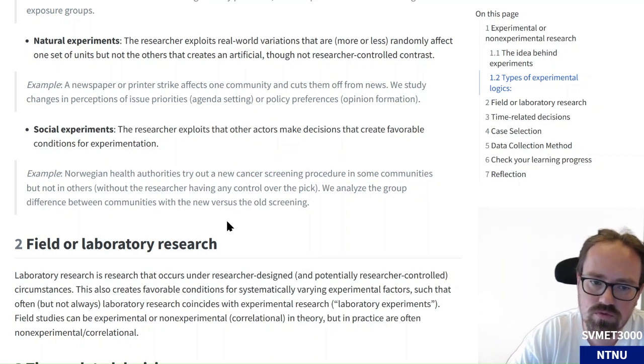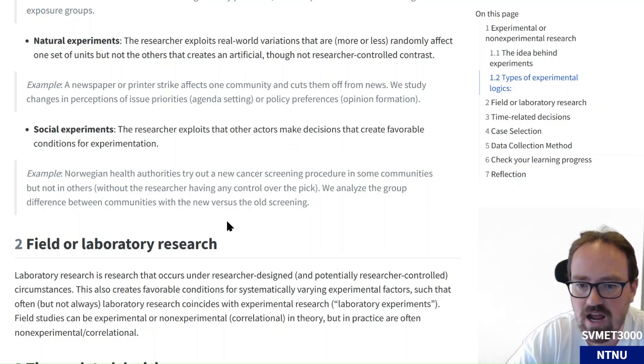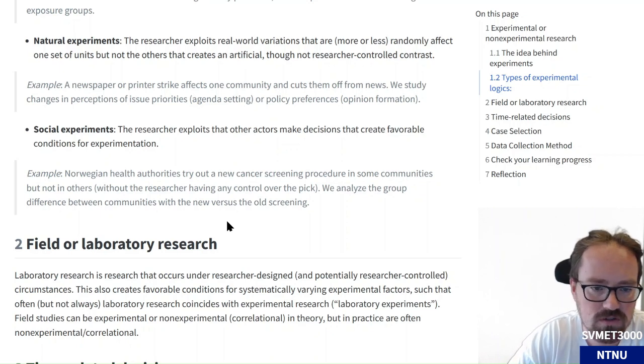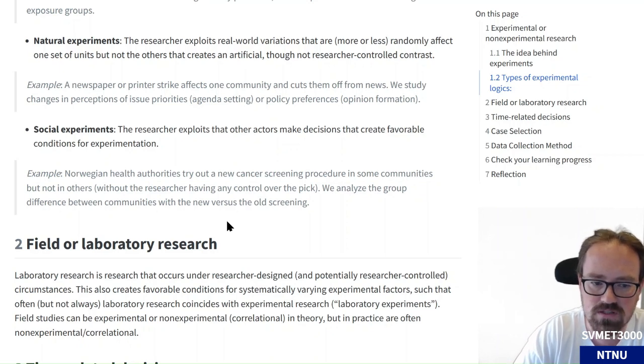So to take it this way, the researcher exploits that other actors make decisions that create favorable conditions for experimentation. Take as an example that Norwegian health authorities try out a new cancer screening procedure in some communities but not in others.